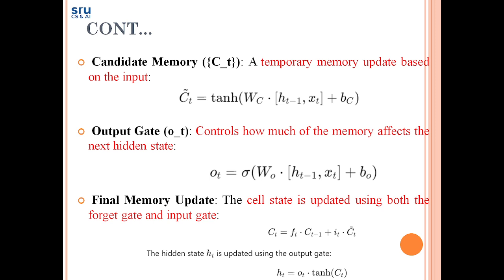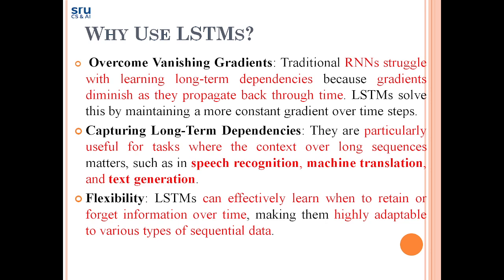Final memory update: the cell state is updated using both the forget gate and the input gate. Why use LSTM? It is used to overcome the vanishing gradient problem. As we have seen, traditional RNNs struggle with learning long-term dependencies because gradients diminish as they propagate back.